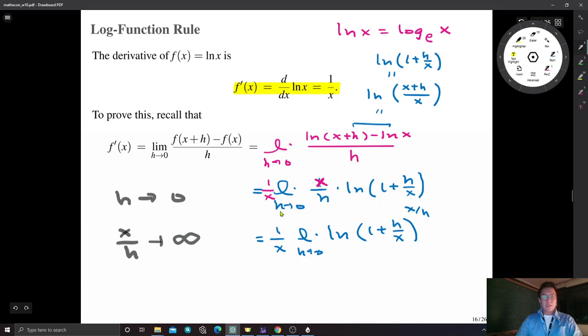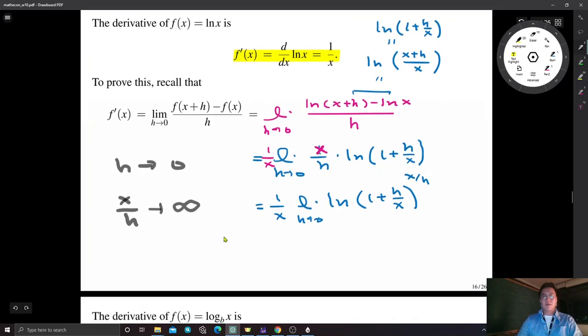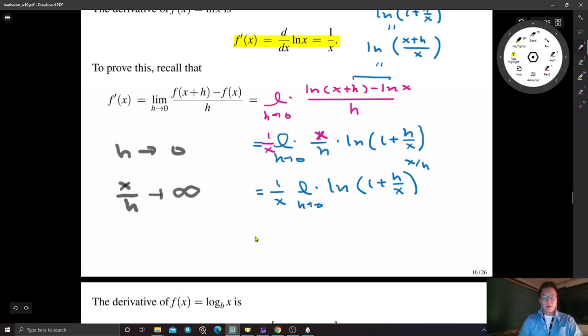Okay, so taking the limit as h goes to 0 is equivalent to taking the limit as x over h goes to infinity. So using this fact, I can rewrite this limit as 1 over x times the limit of ln (1 plus h over x) to the power x over h.